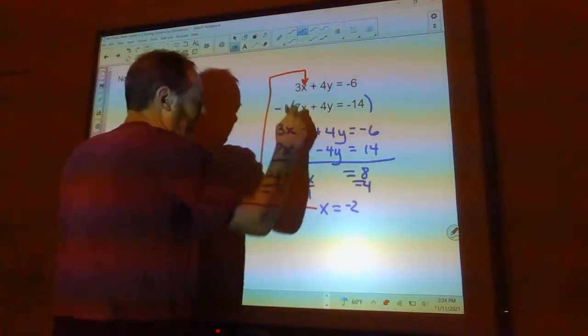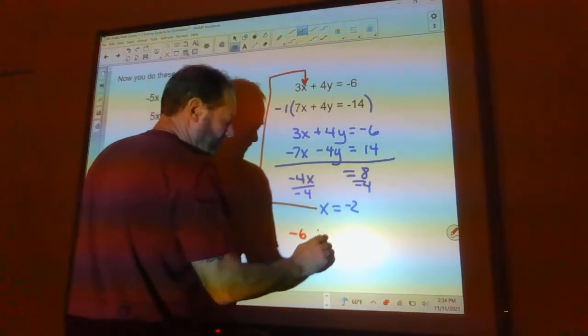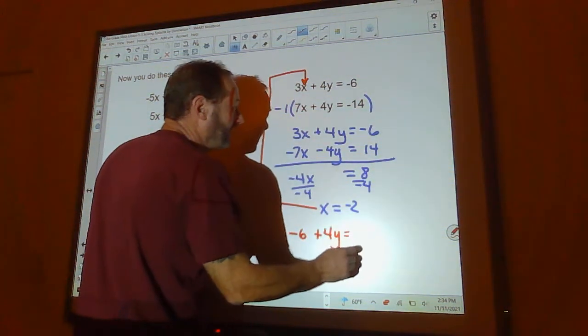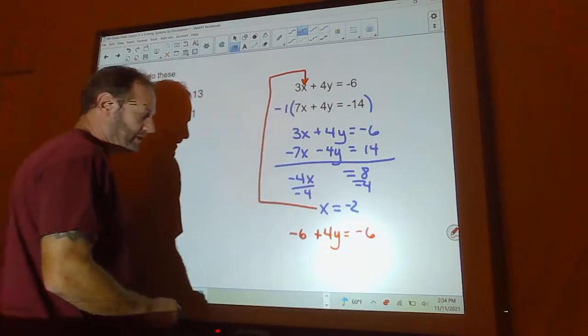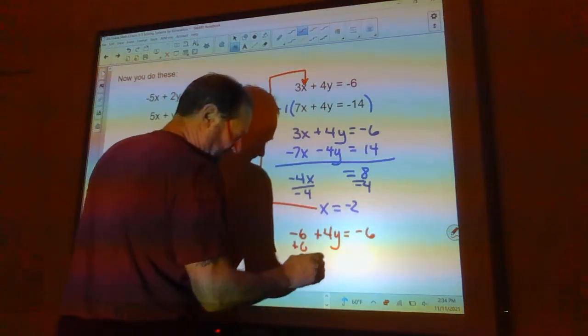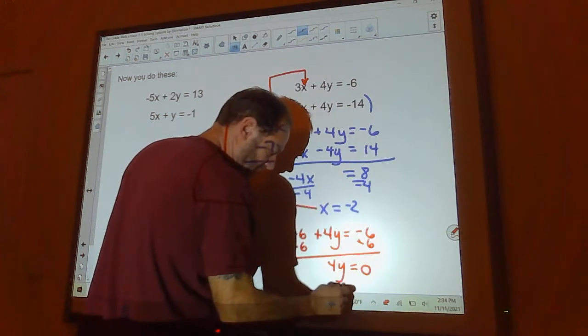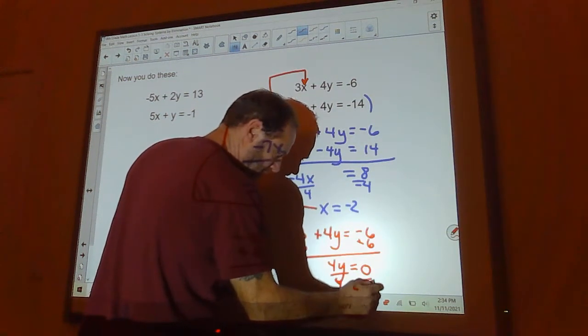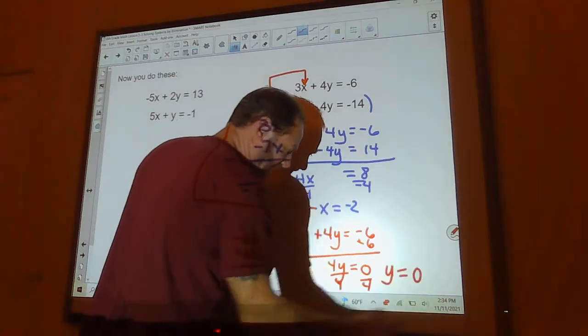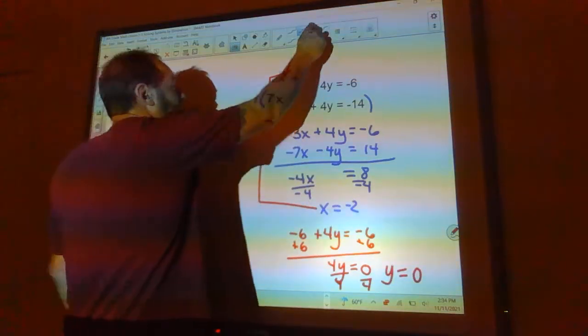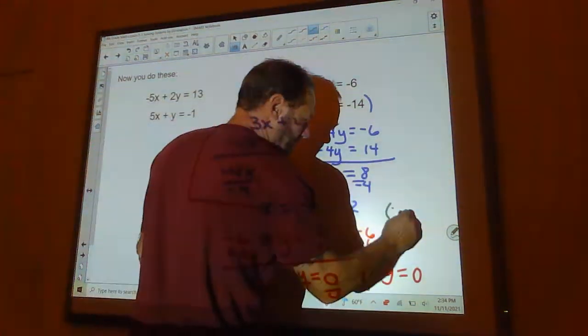So this is going to be -6 plus 4y is going to be -6. Ooh, look at this. If I add 6 to both sides, I get 4y is 0, and then I divide by 4, and I get y is 0. Wow, this was an easy one. Okay, so my answer then is -2, 0.